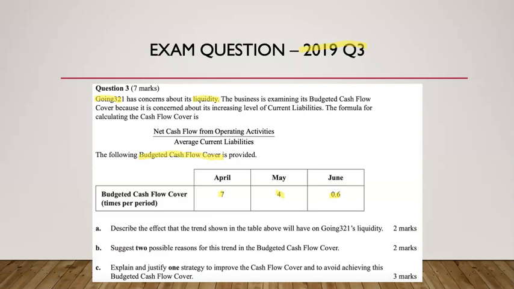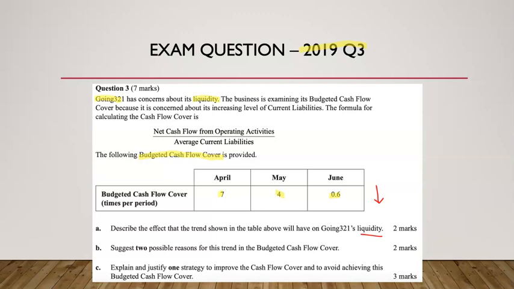A significant downward trend, which we know is negative. So what is the effect of this on the liquidity? They have less cash, in fact, insufficient cash from operating activities to meet their operating activities.